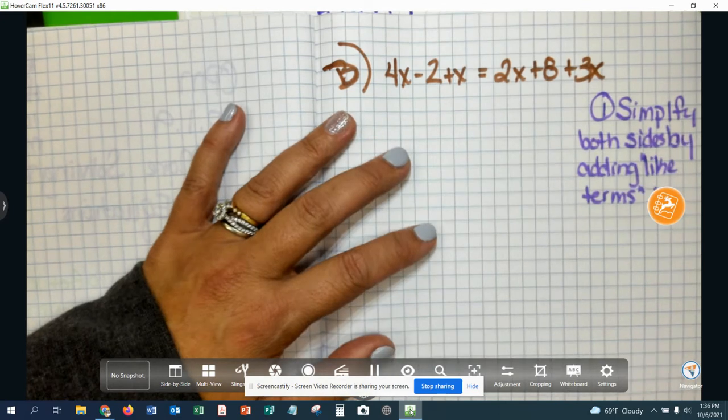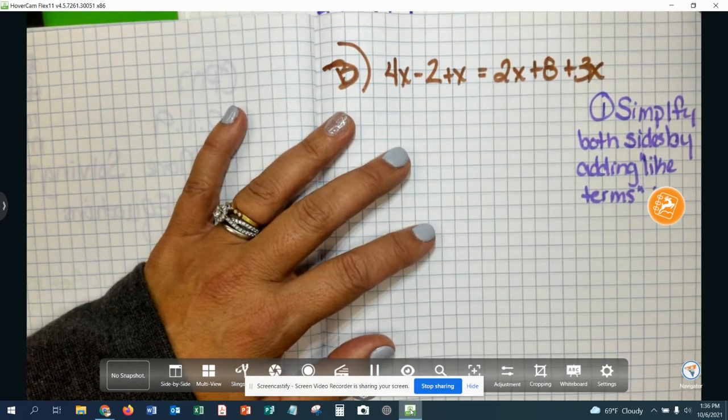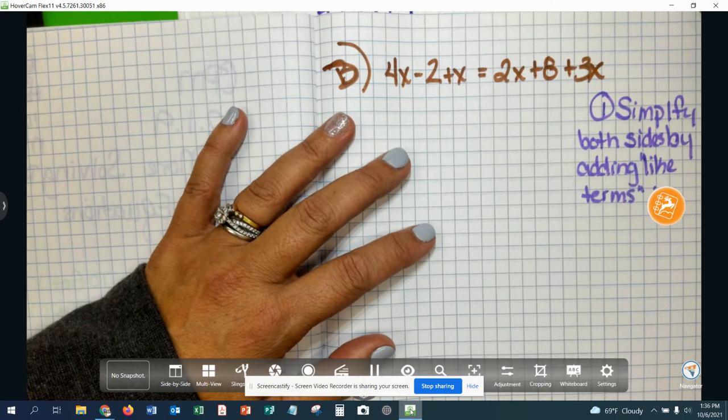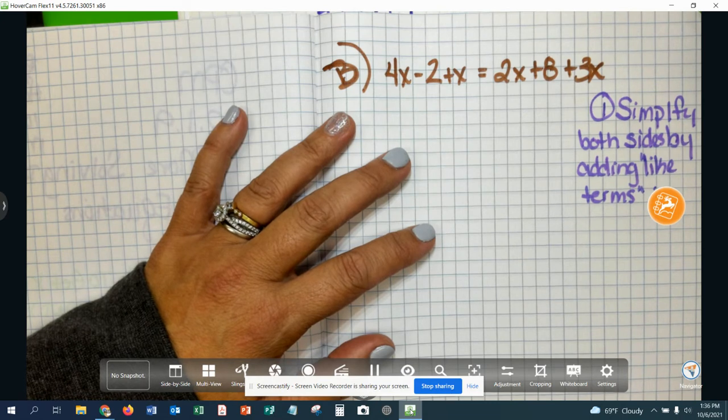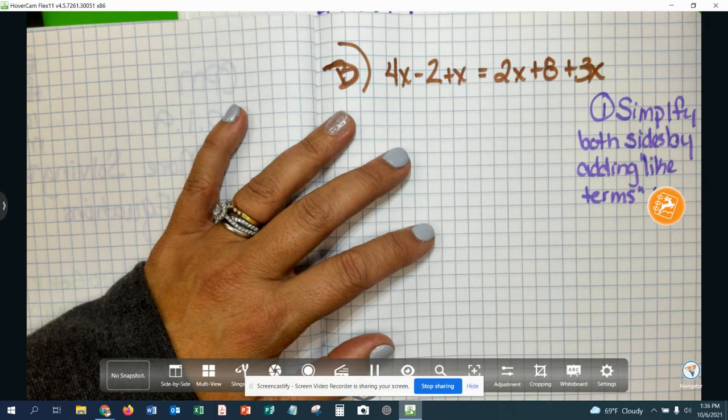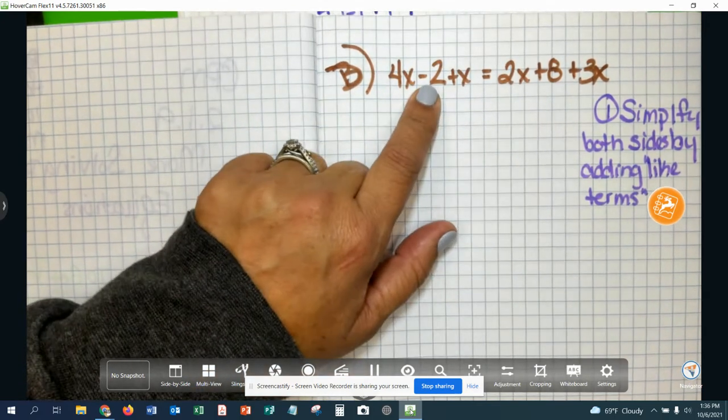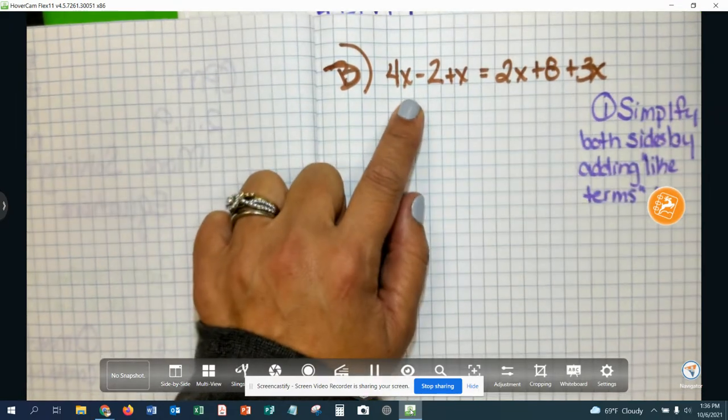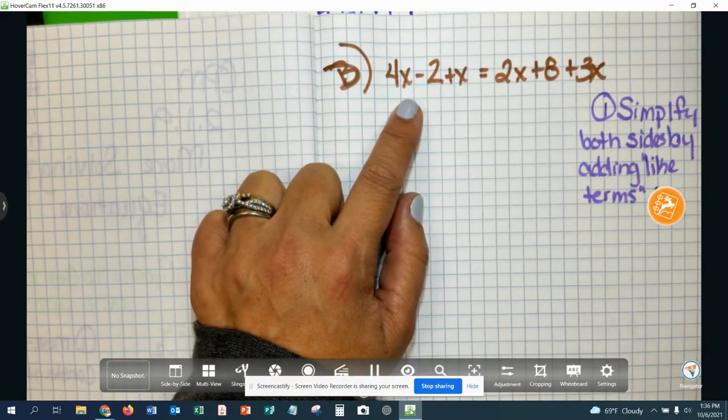All right. What are my like terms? Let's just start with the left-hand side. What are the like terms there?